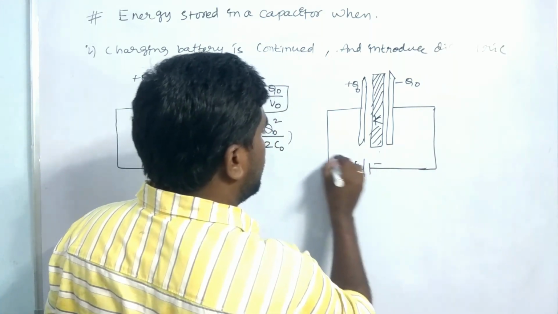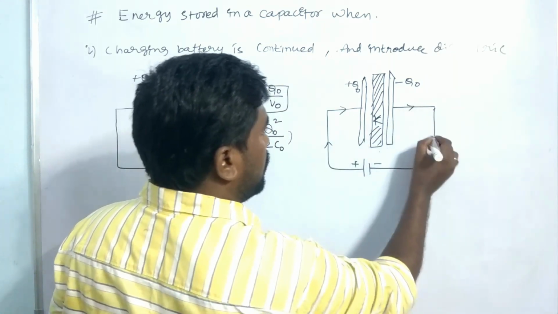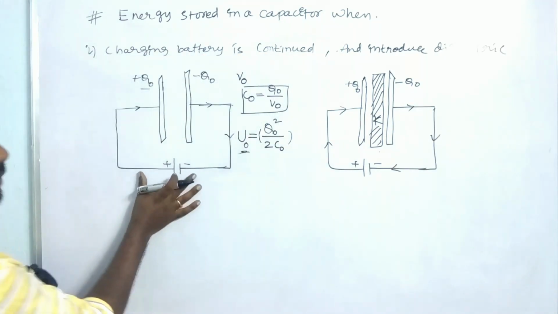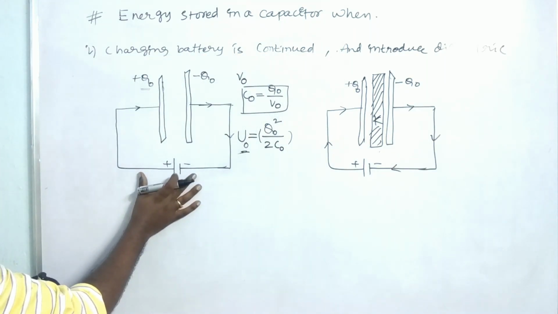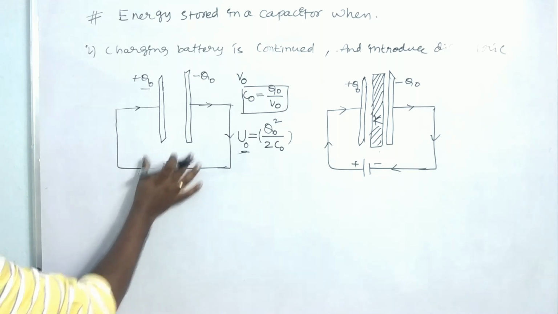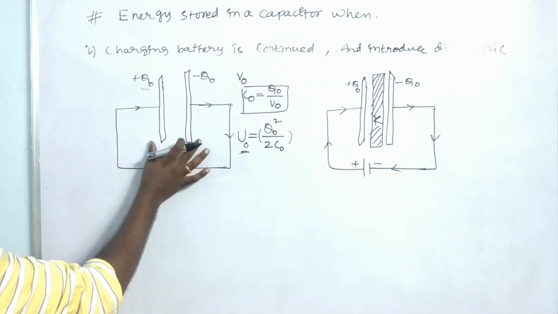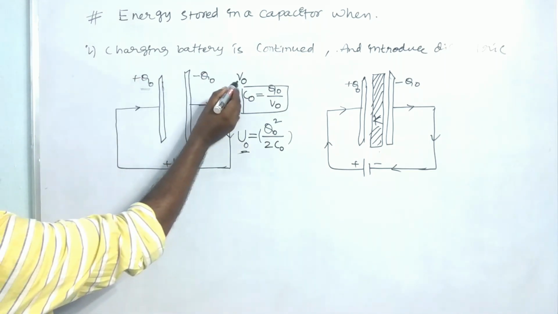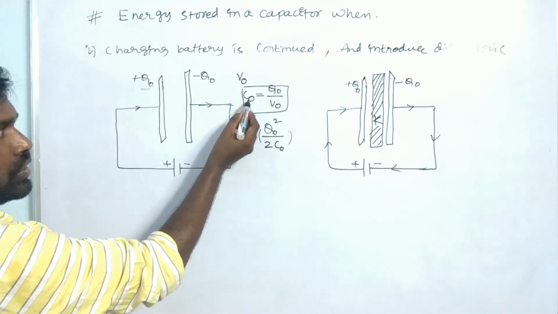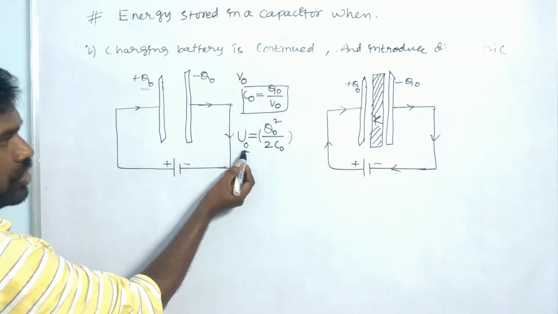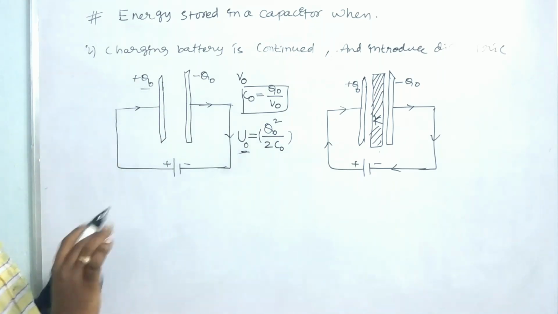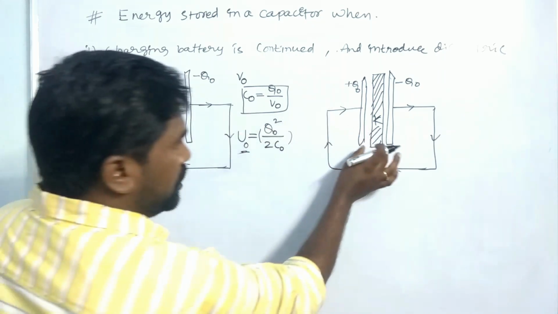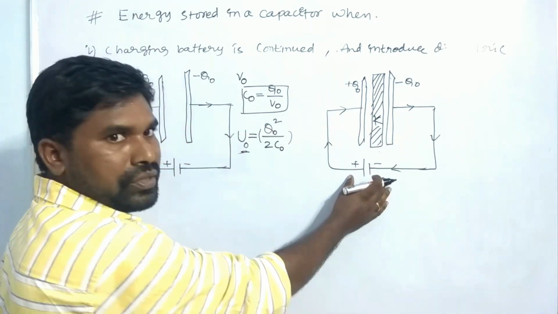Before introducing the dielectric, this is the position of the capacitor, having the Q0 charge, the V0 potential, the C0 capacity, and the energy U0 equal to Q0 square by 2C0. Let it be.